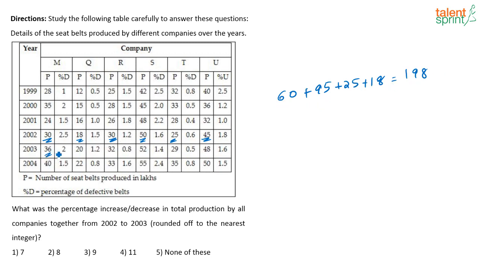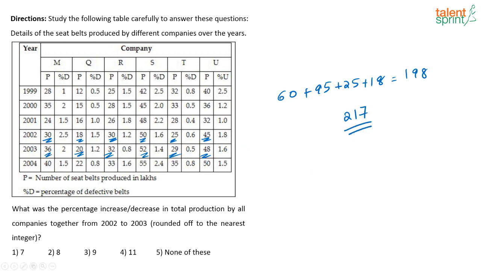Then in 2003, 36 plus 20 plus 32 plus 52 plus 29 plus 48. That comes to 217. Just add these, that's all.